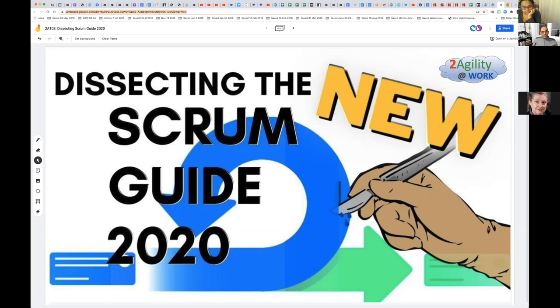So first thing is, before we step forward, I want to also validate your objectives of being here today. Of course, I'm aware that you all want to know more about Scrum Guide 2020 and what the key changes are. Other than that, are there any other specific objectives that you had in mind or questions that you wanted answers to?